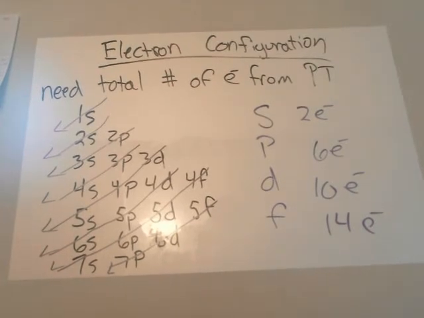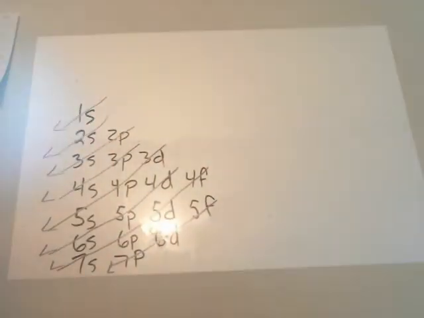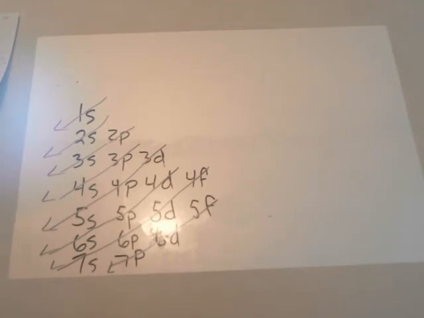So, let me do an example out for you, and we'll do iron out as an example. Iron's atomic number is 26.